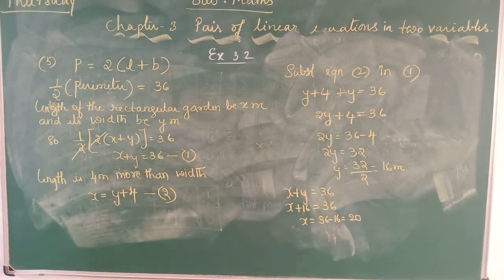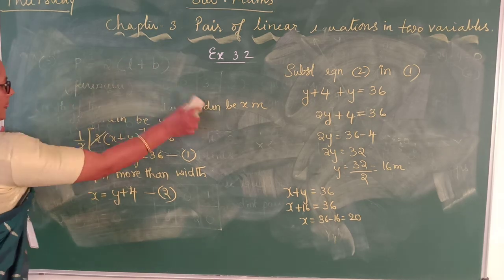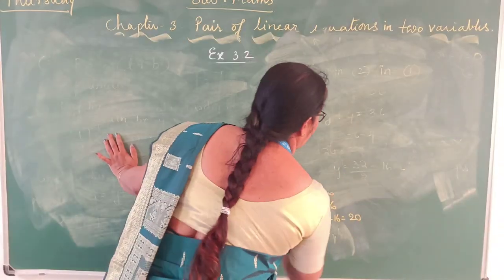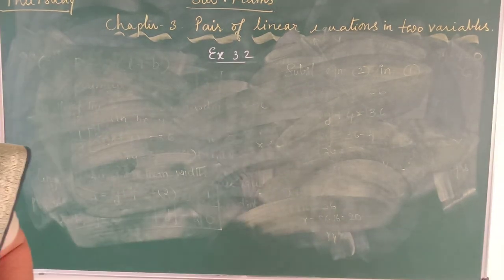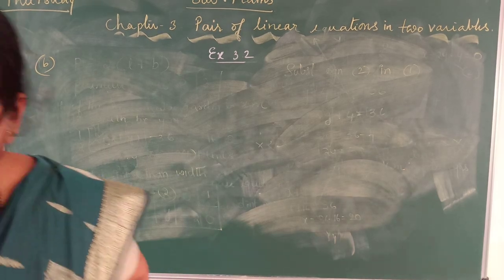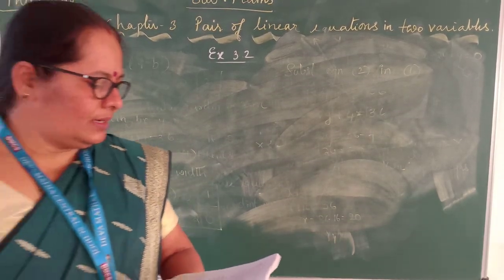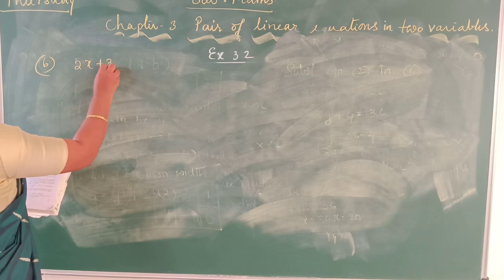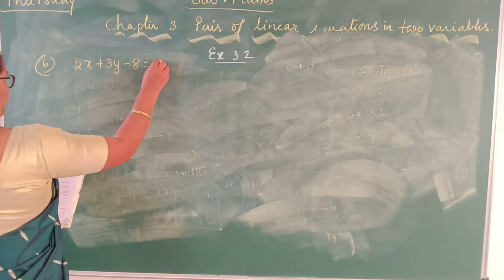Next question is question number 6. In this question number 6, one linear equation is given, that is 2x plus 3y minus 8 equals 0.